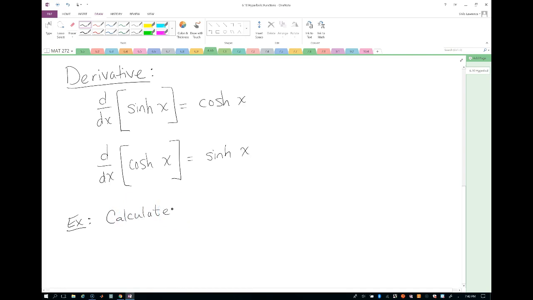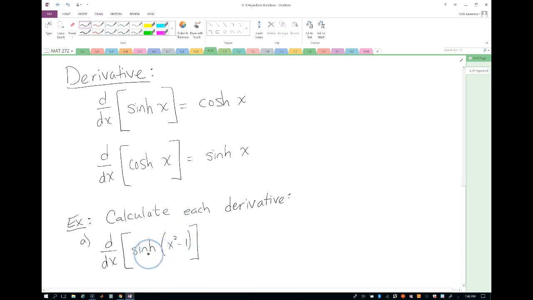And we can combine these two new functions with pretty much everything else we've learned in calculus to do some derivatives. For example, if we want the derivative for hyperbolic sine of x squared minus 1. So this is just a chain rule.